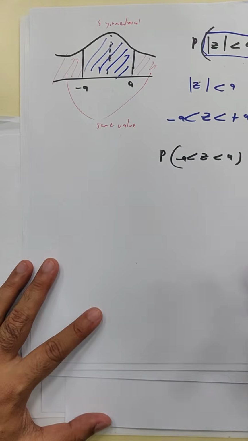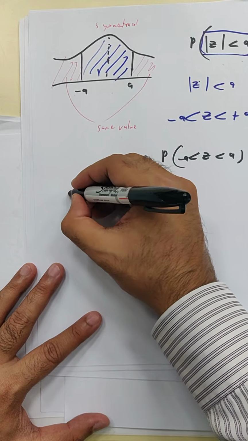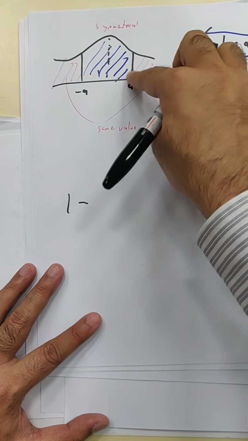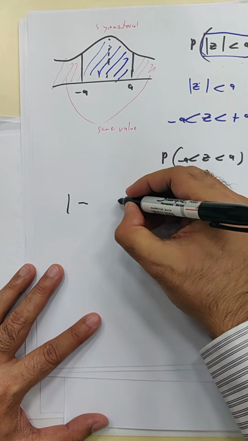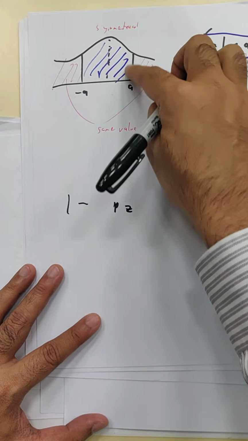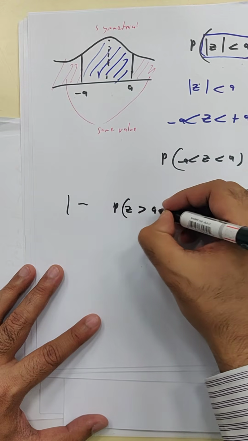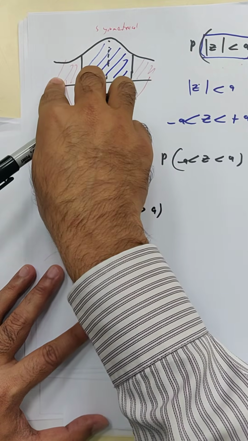So that means I can do this. The whole probability is 1, minus this part here. Okay? P of Z, what about this part? More than A. You agree? And this part here is the same as here.